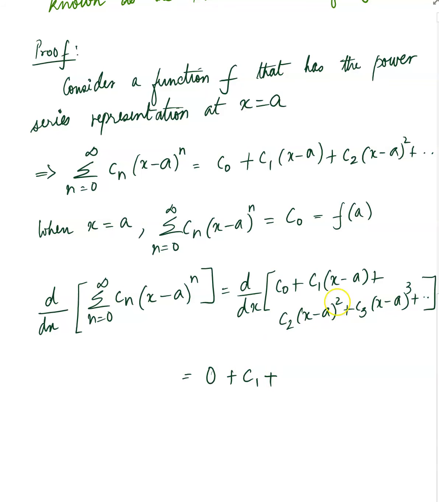For the next one, you bring the power down using the power rule, so 2 times C2 times x minus a. Then the next one would be 3 times C3 times x minus a whole squared. You will use the chain rule, but here it's times 1, so no changes there. The next one will be 4 C4 times x minus a the whole cubed, and so on. We begin to see the pattern.